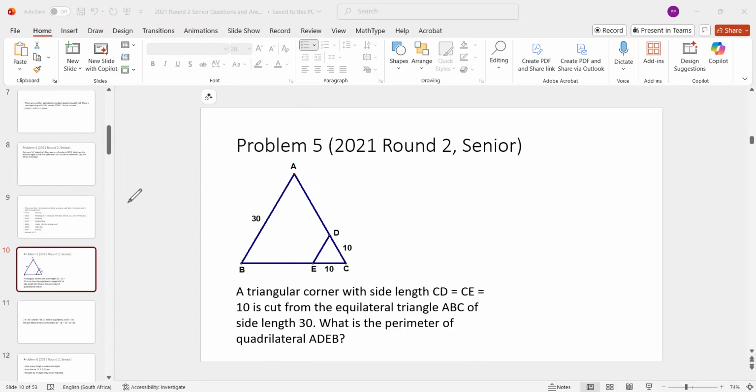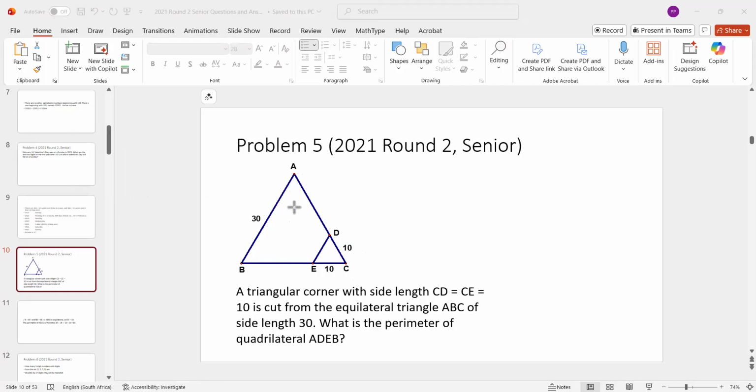So I say a triangular corner of side length CD equals CE of 10 centimeters is cut from an equilateral triangle ABC.